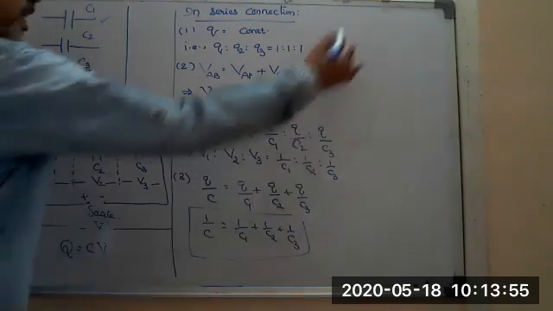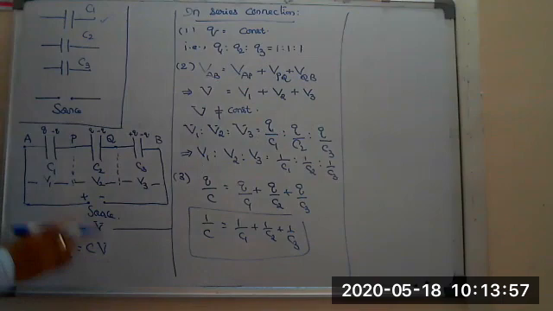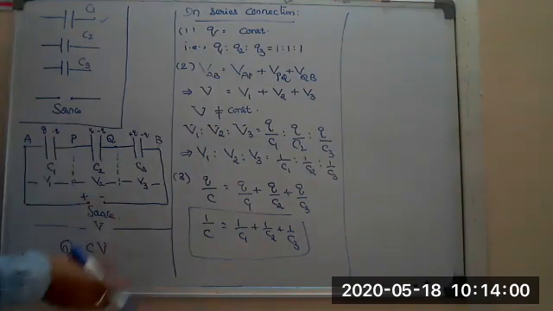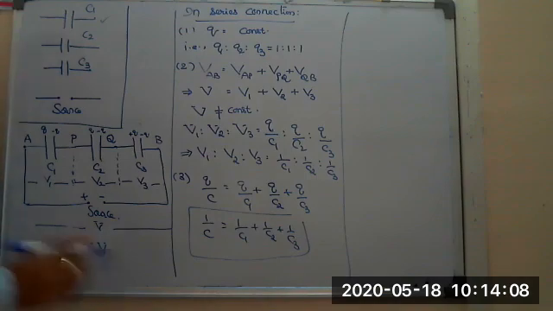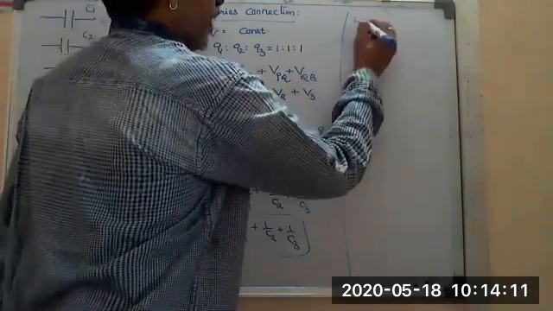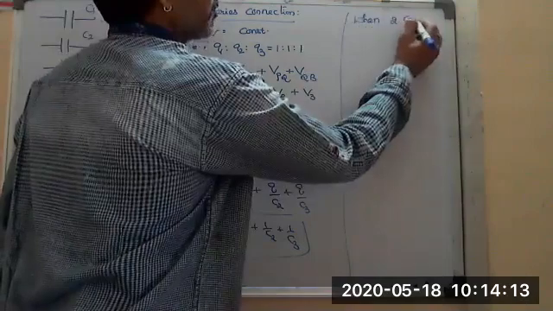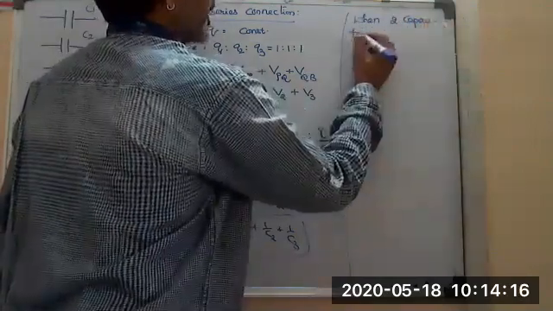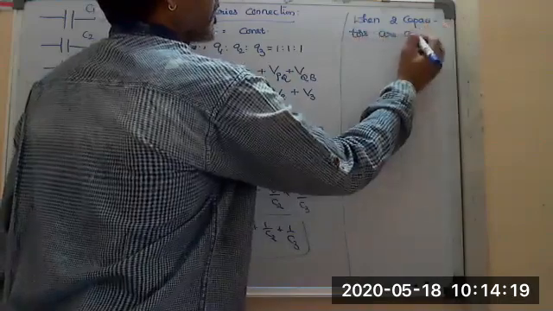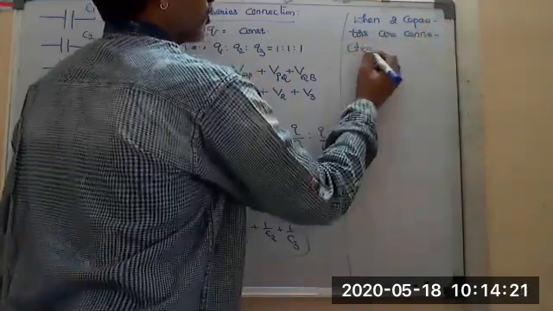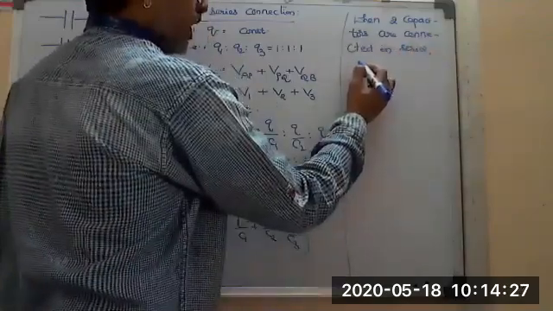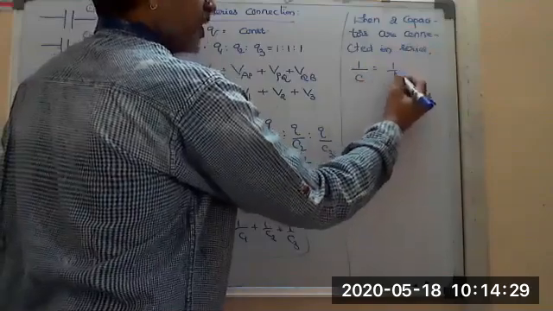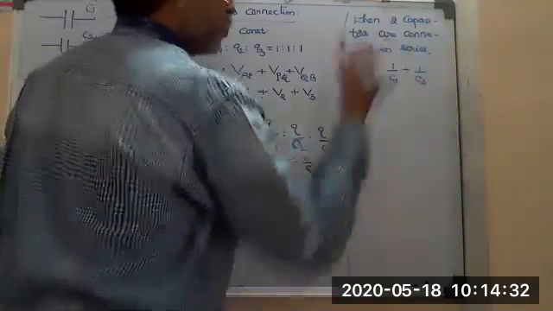In series, generally when you come to numericals, most of the time they give only two capacitors in a circuit. So there we have to use a shortcut. When two capacitors are connected in series, 1 by C equals 1 by C1 plus 1 by C2.